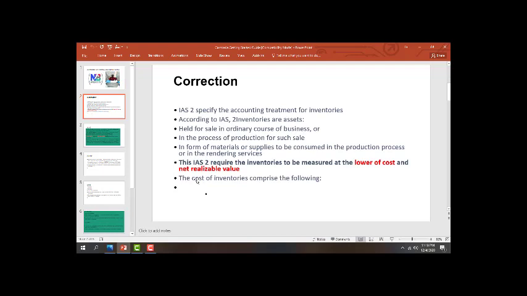First, IAS 2 specifies the accounting treatment for inventory. The main purpose of IAS 2 is to set out the accounting treatment for inventories.